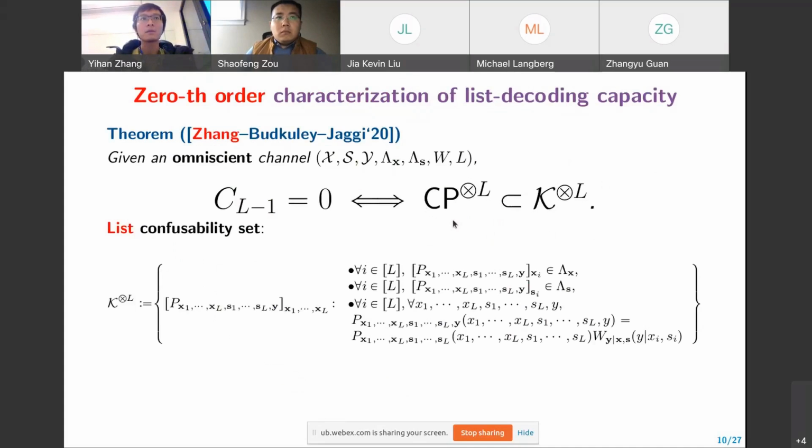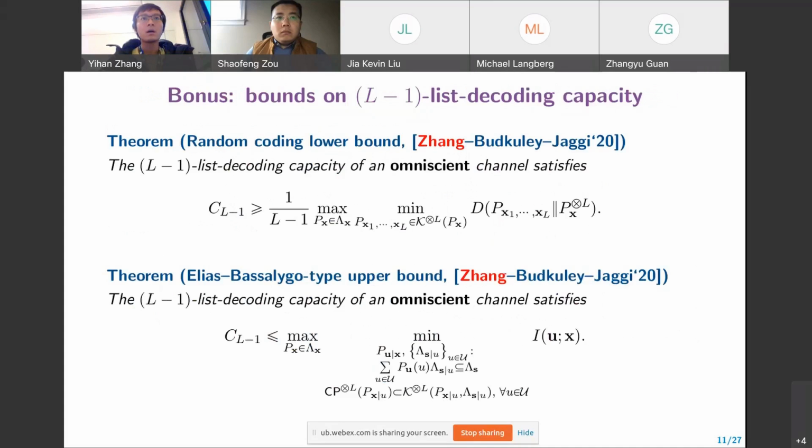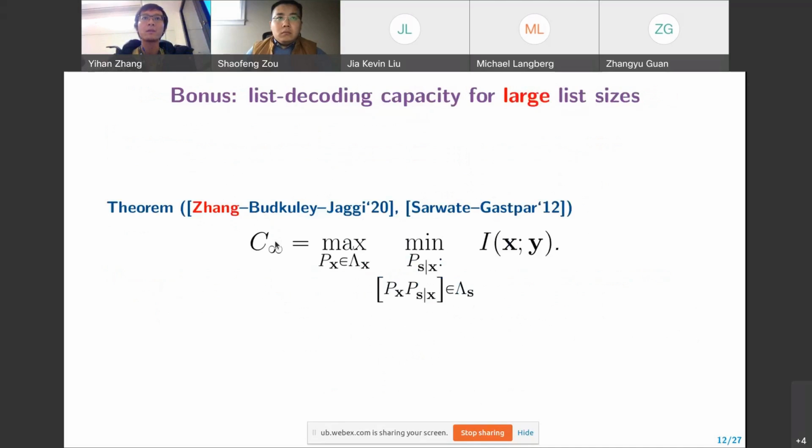They are now tensors. So yeah, I'm not going to get too much into this. And also we can get upper and lower bounds using standard techniques, but they are actually not that simple. Now, in fact, these bounds meet each other once we send L to infinity. Basically, for large L, we get the exact list decoding capacity.